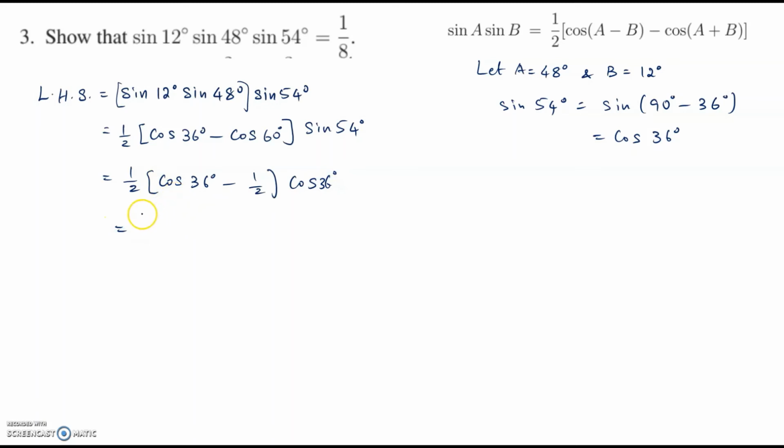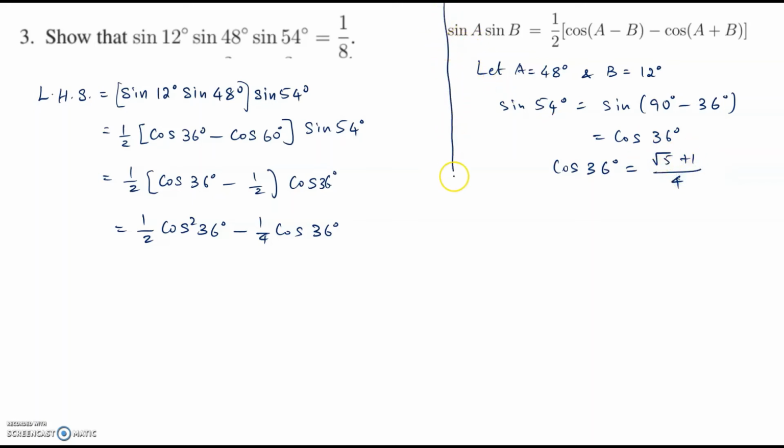So further simplifying this, this becomes half of cos squared 36 degrees, moving the cos 36 inside the bracket, minus half into half, which is 1 by 4, cos 36 degrees. And your cos 36 degrees is equal to (root 5 plus 1) divided by 4.